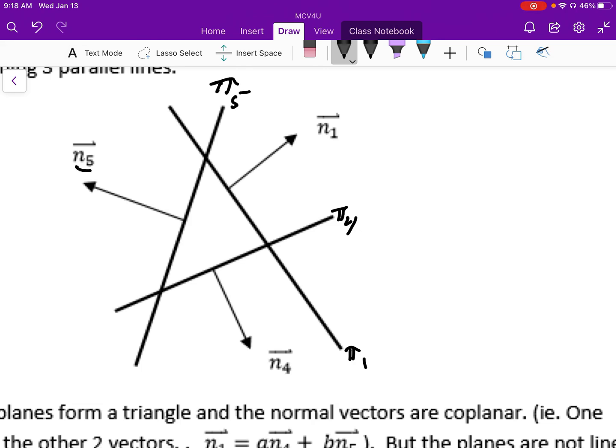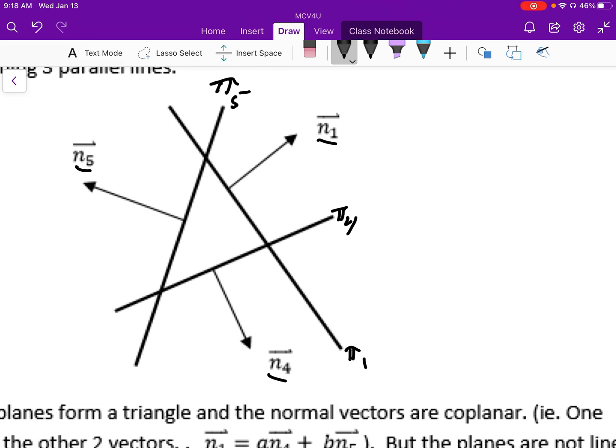Again, you look at the normal vectors. You can see that all three of them are coplanar, and that means that you can have a linear combination of these three. They're not scalar multiples of each other, that was the other part of it. None of them are collinear, so you can create some sort of linear combination between the normals.